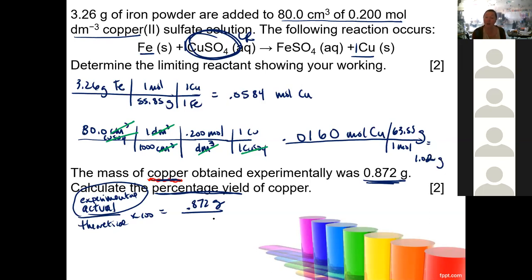So 1.02 grams is our theoretical yield. Multiply by 100, 0.872 divided by 1.02 gives us, with rounding and sig figs, 85.5%. We made 85.5% of what we should have made.